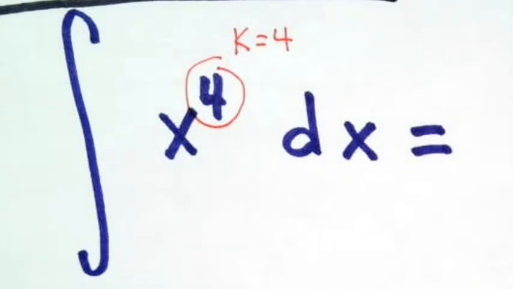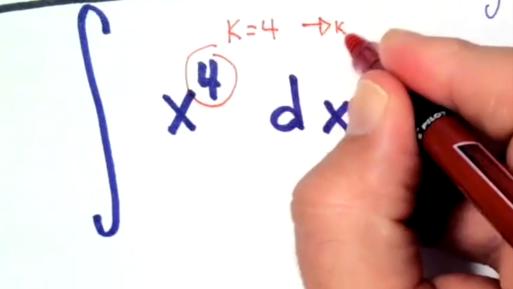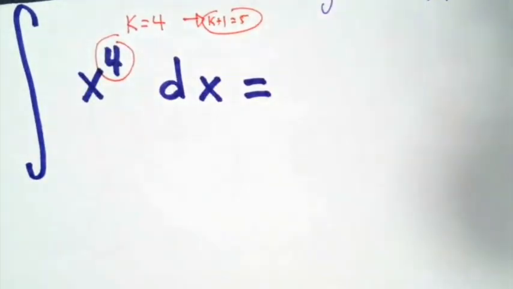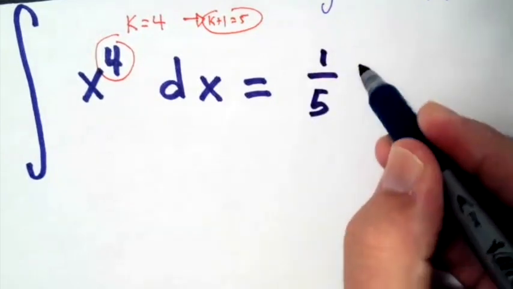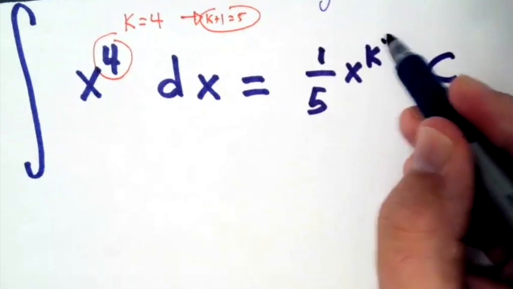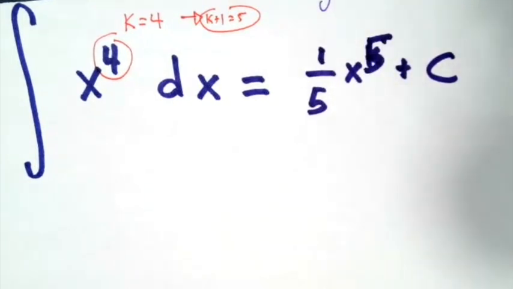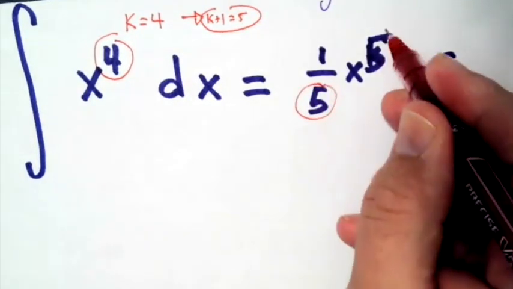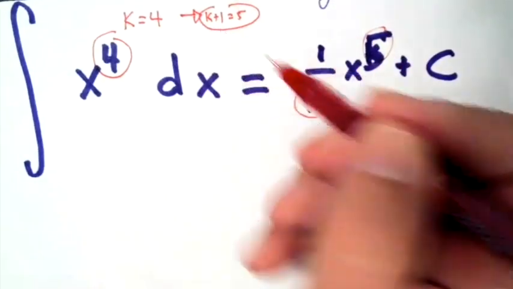Well, k plus 1 would be equal to 5. So then I go 1 over 5 times x to the fifth plus C. And this 5 is coming from the fact that k plus 1 here was equal to 5.